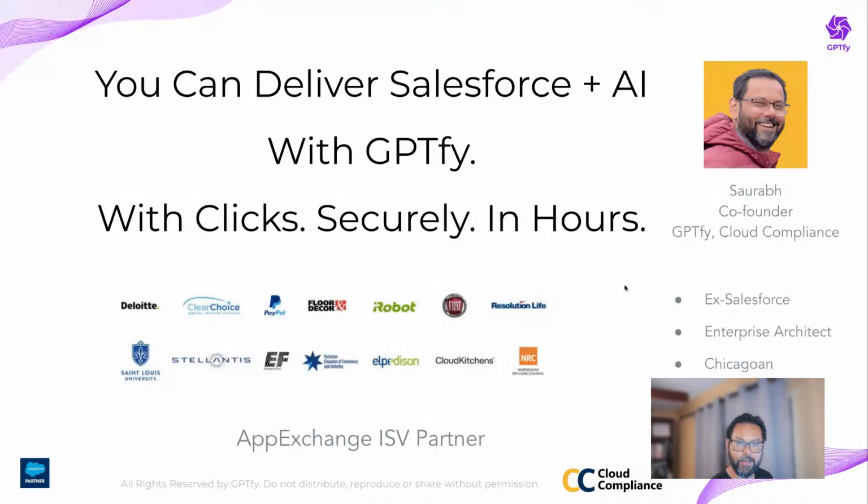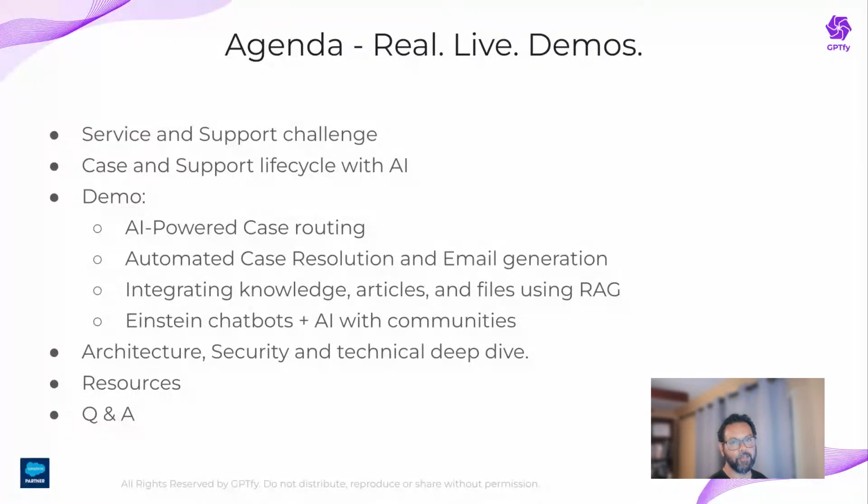Let's continue rolling. Our agenda today is going to be packed with a lot of real live demos. We're going to talk about some of the common service and support challenges, and the case and support lifecycle with AI. We are going to give you a couple of demos.